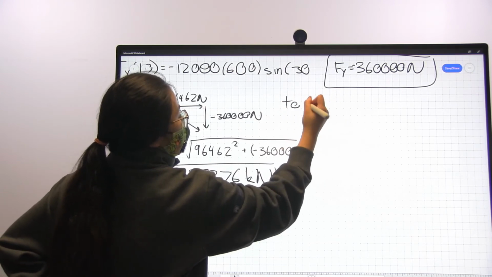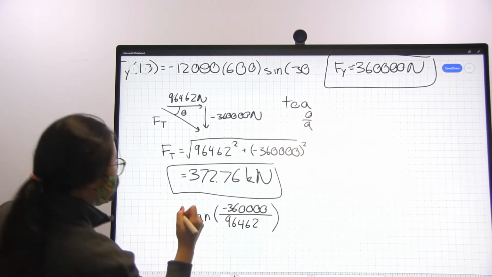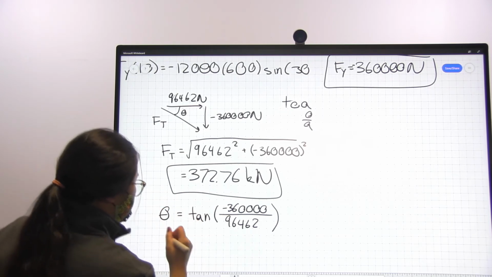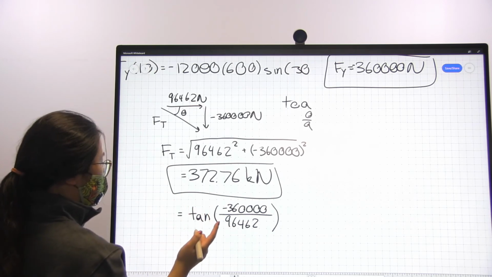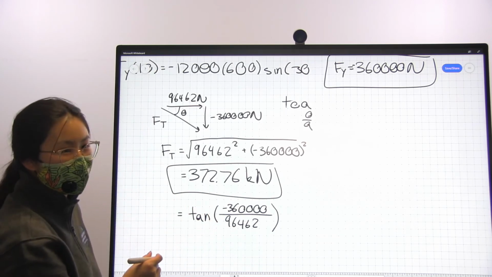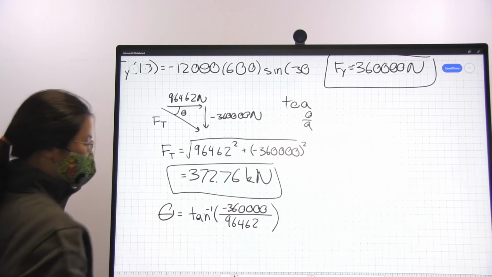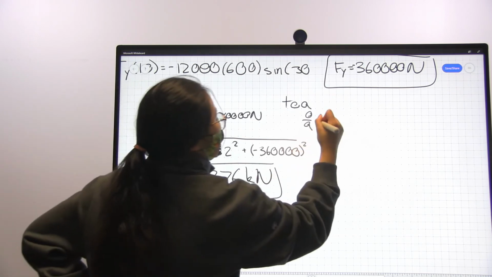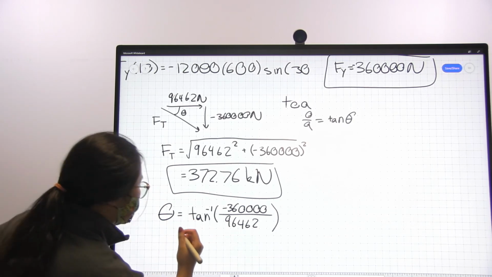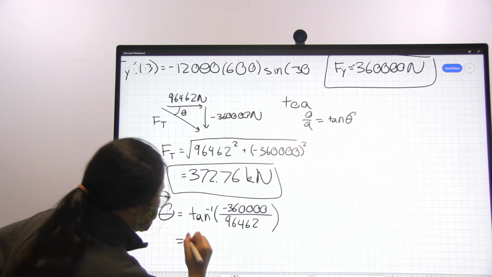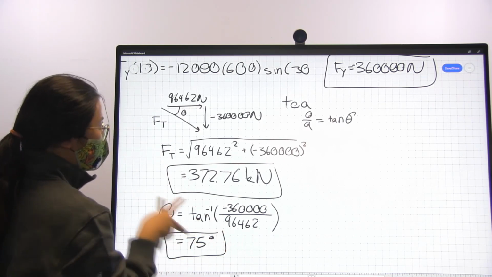So tangent is opposite over adjacent, which is what we just did here, is equal to theta, and then we can find that, never mind. I did it wrong. I did it backwards. Inverse. Yes, this is inverse tangent. There we go. Boom. Easy. Inverse tan of your angle. Yes. Then we find that this is equal to 75 degrees. Boom. And so these two are going to be your final answer.